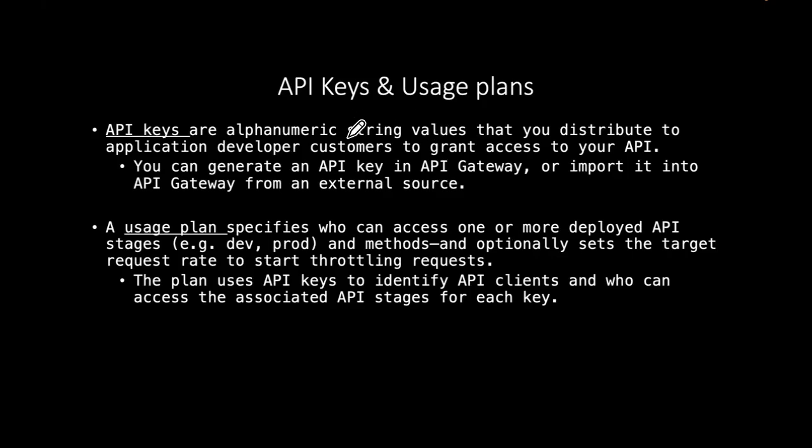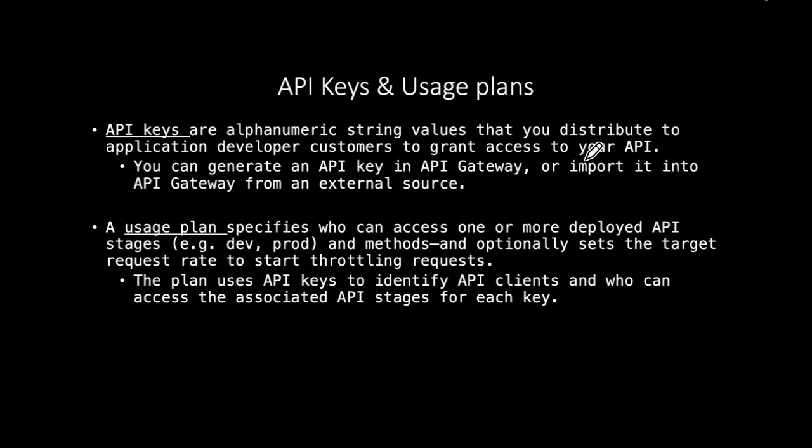You can generate an API key using the API Gateway, which means we can generate them from within our CDK code. You can go directly to the API Gateway console and generate them there, but we don't want to take that approach. We want to take an infrastructure as code approach.